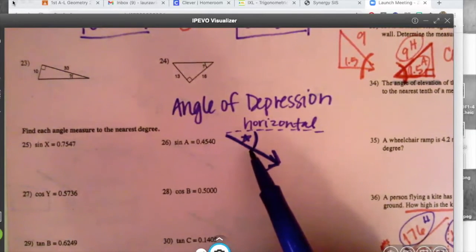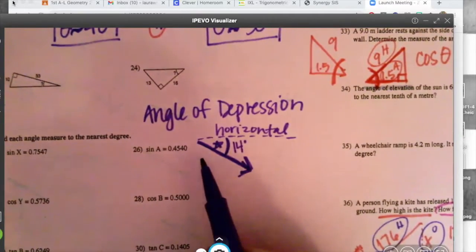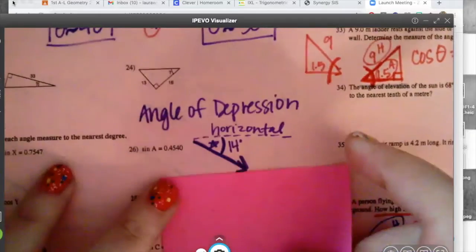Just think about what it would be if it were different. The angle of depression is 14 degrees. Think about what it would be if the 14 were on this side, right? Let me just do it this way.